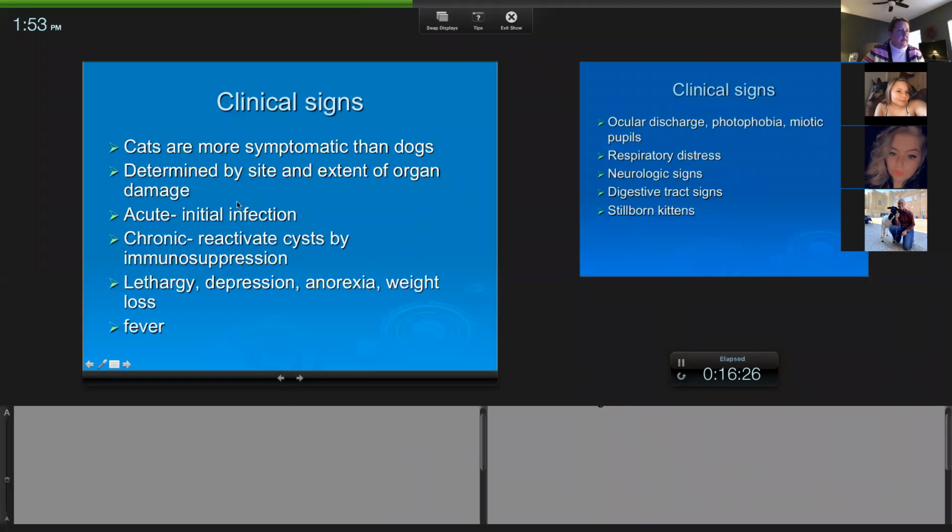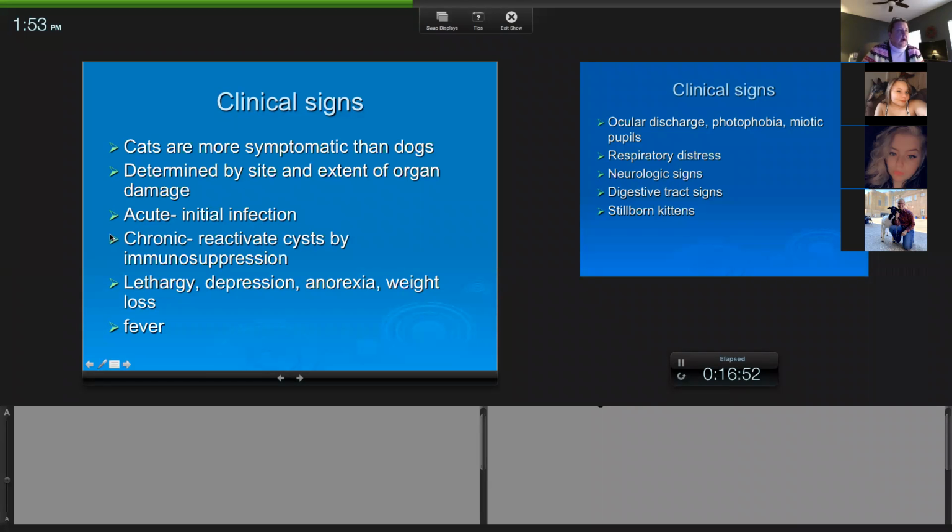Now, cats, more than dogs, tend to have more signs of symptomatic disease. Because a cat is the definitive host, this is where we're going to see most of our issues. And depending on the site and the extent of damage is going to depend how many clinical signs. Again, if it's subclinical and the animal doesn't show much, that's different.